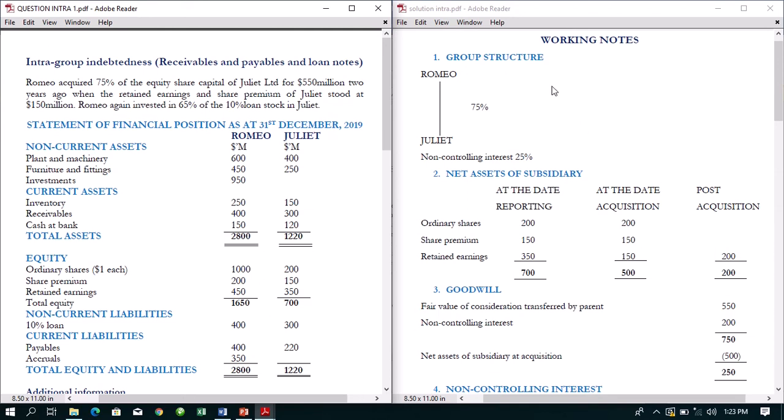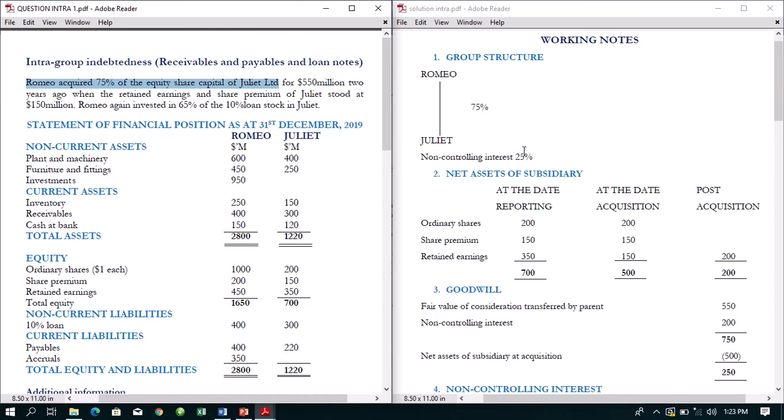To determine our group structure is very easy in this question, because we are told here that Romeo acquires 75% of the equity share of Juliet. Which means that Romeo has 75% of Juliet, and we know that the portion that is not owned by the parent company belongs to the non-controlling interest, and in this case my non-controlling interest will definitely be 25%.